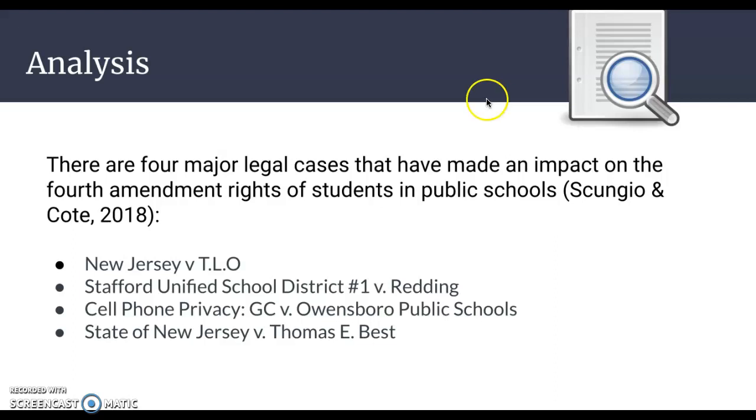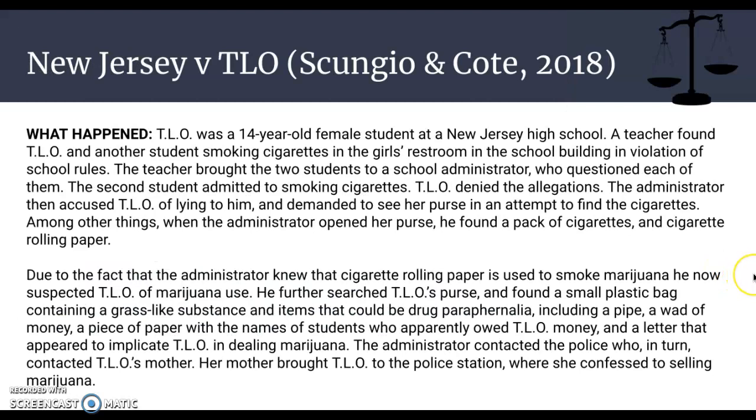I am specifically going to be looking at the first 2 today, New Jersey versus TLO and Stafford Unified versus Redding, as they relate more to my question than the final 2 cases. So the first case that I looked at, New Jersey versus TLO.